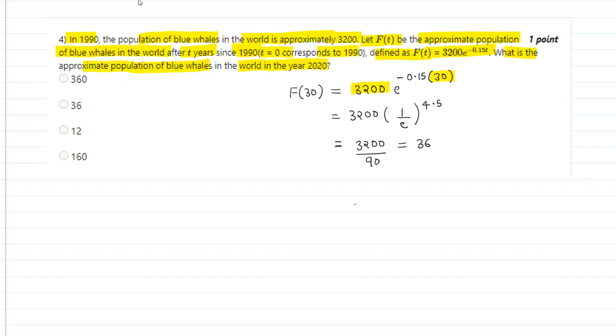So we just put 30 in place of t, and we get this. When we solve it with a calculator, we get approximately 9. So this was a very easy question.